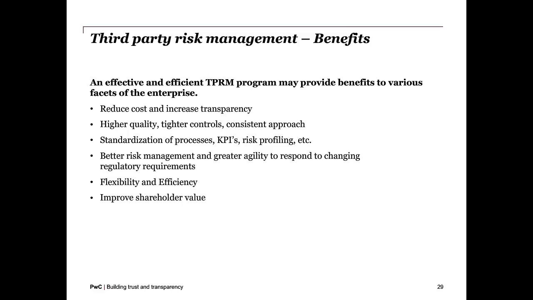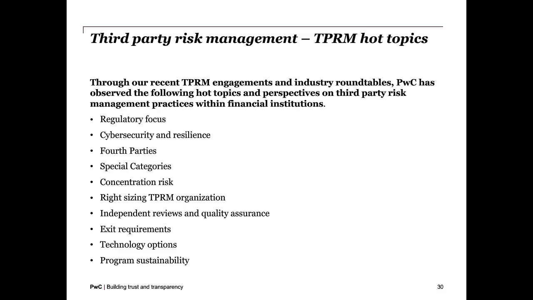And then finally, I'd like to highlight a couple hot topics that have been out in the industry recently. One of the bigger ones, and I think this is applicable to any organization, whether you have a program or you don't, is there's a high likelihood that there's some concentration risk within the vendor population that you're using. Do you have visibility into how much of a critical process has actually been outsourced to a vendor?